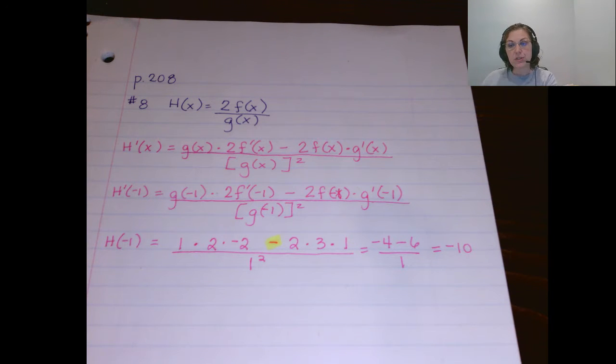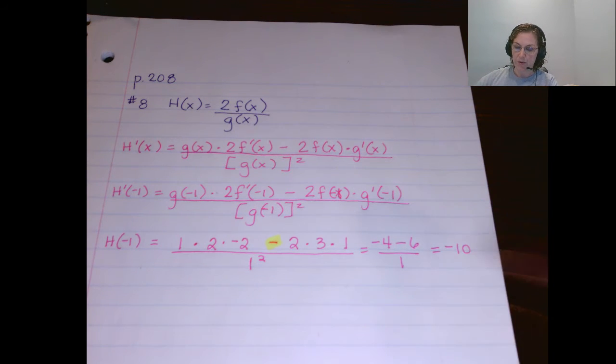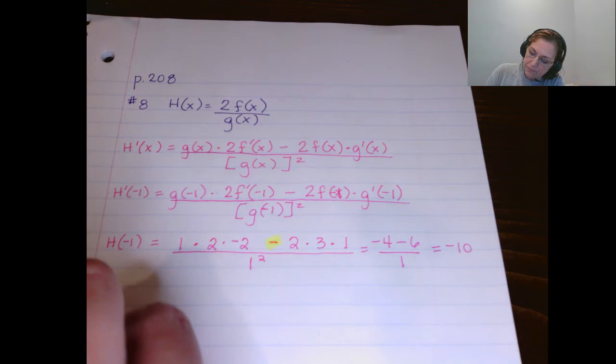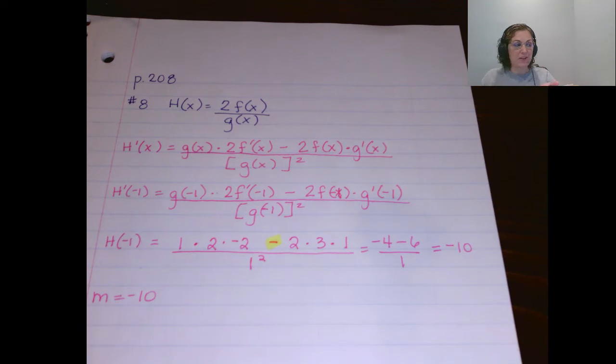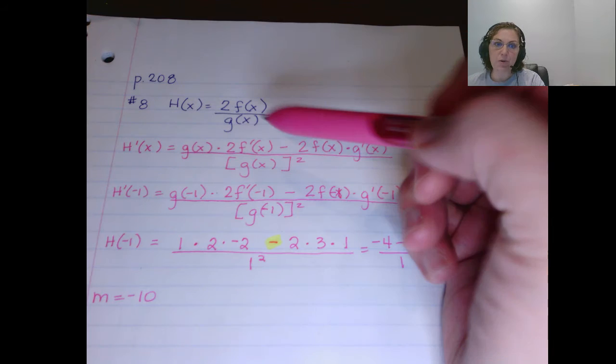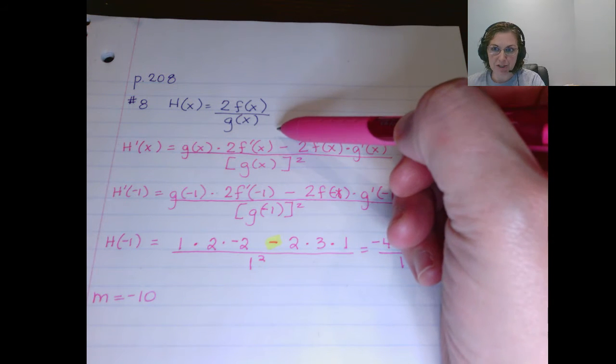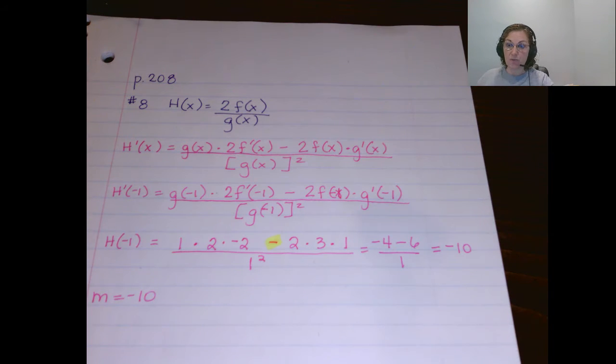Now, in order to find the equation of a tangent line, we need a slope. There we go, we've got it. And we need a point. Now remember, we have that x equals -1, but we don't know what the function is. So let's go back to what we know the function to be, and let's find the y value.